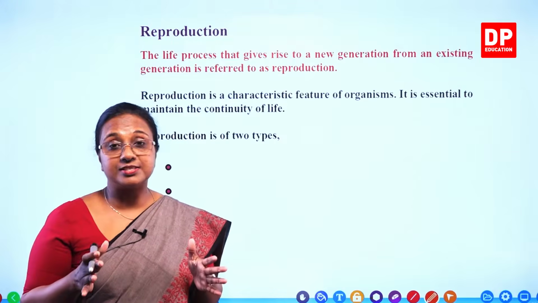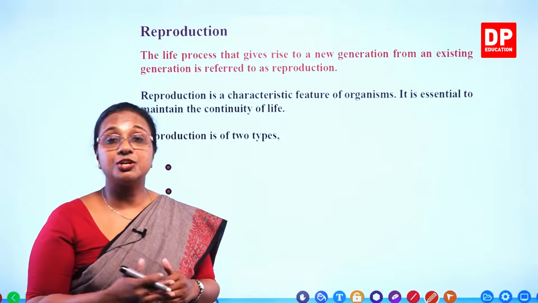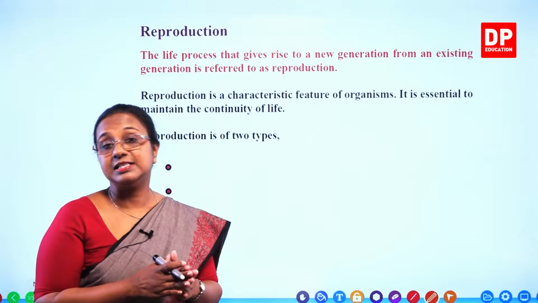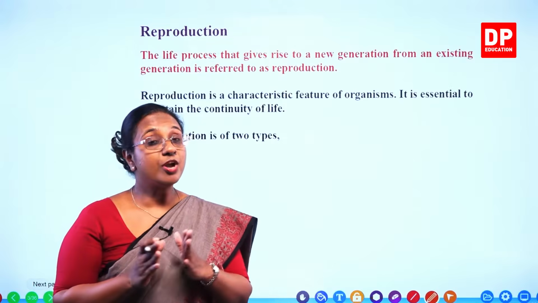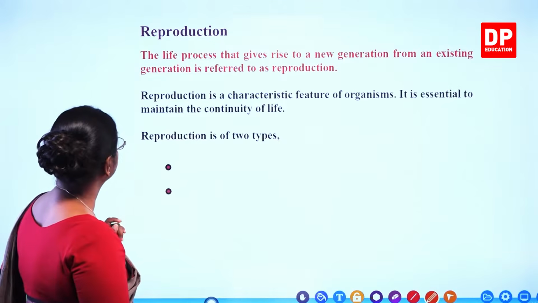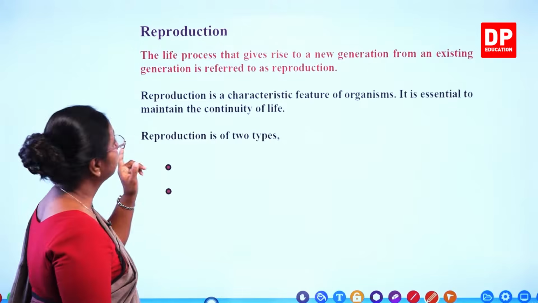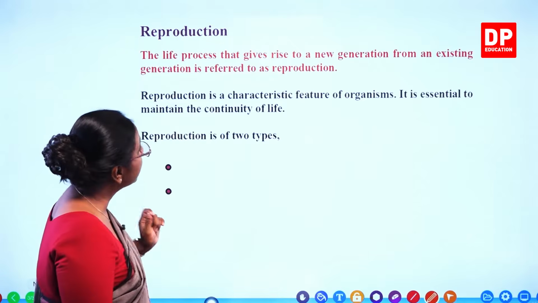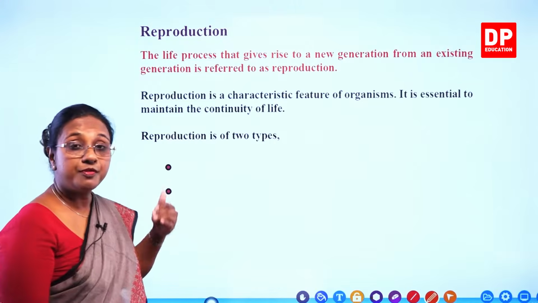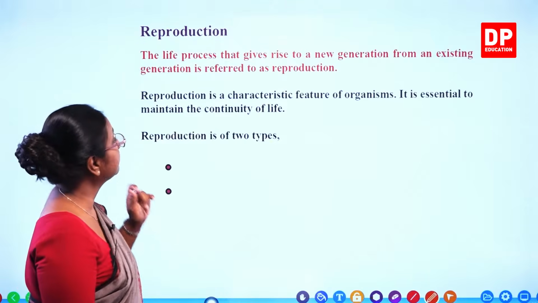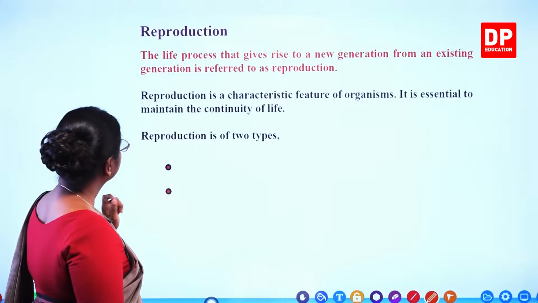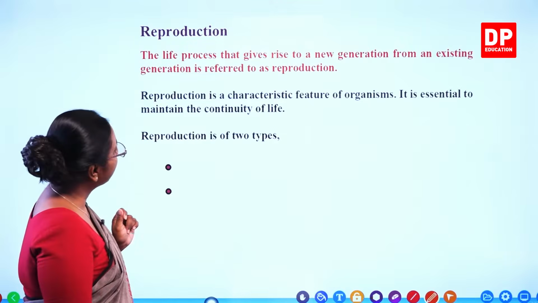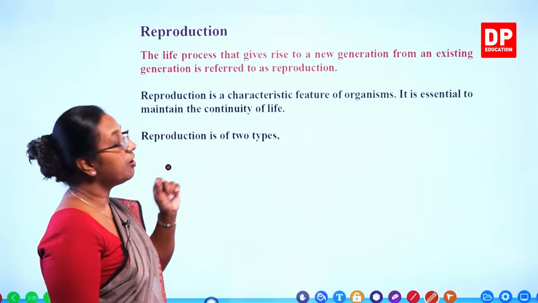That process that involves the production of a new generation from the existing generation is what we call reproduction. So you all have to remember this explanation. The life process, that's one point, that gives rise to a new generation from an existing generation is referred to as reproduction.